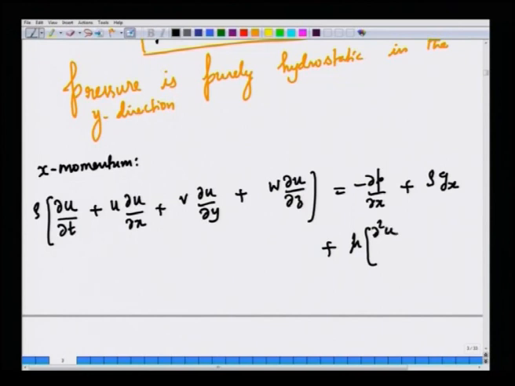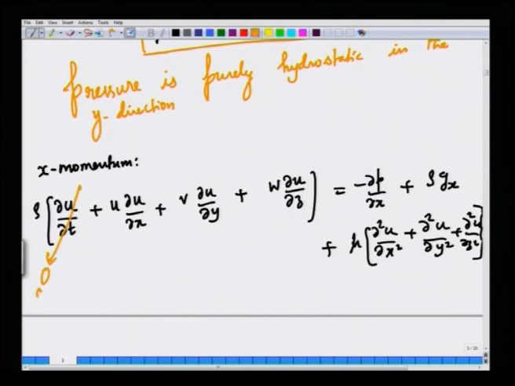Times the Laplacian of the x component of the velocity.